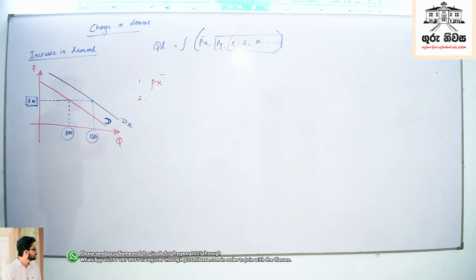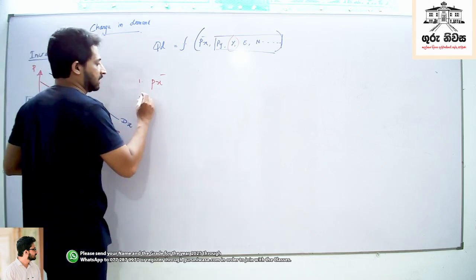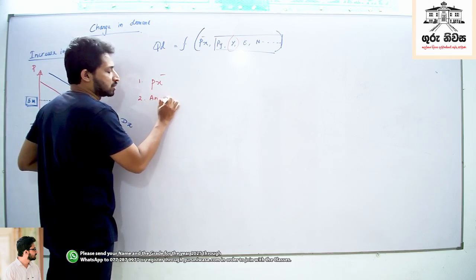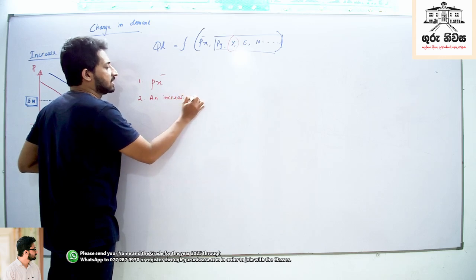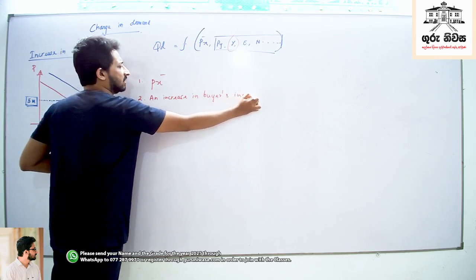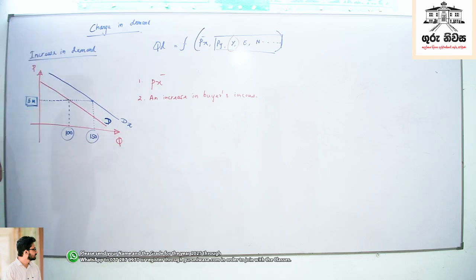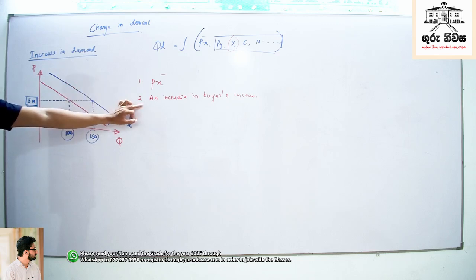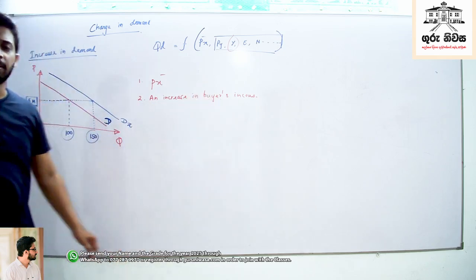Do people increase their demand when income increases or decreases? Income increases. Yes, so one reason is an increase in buyers' income. But here there's another story, inferior goods and normal goods. Just forget the inferior story. Assume car is a normal product. I'll explain that part later. Then one reason could be an increase in buyers' income.